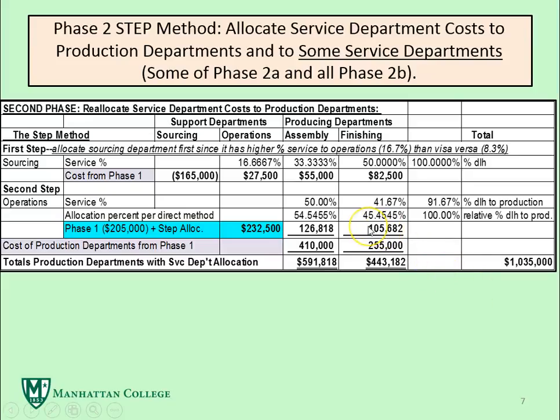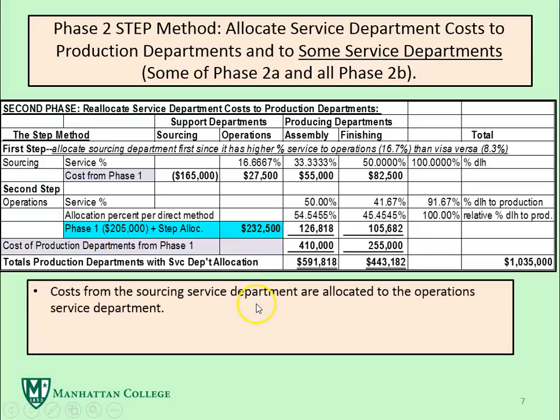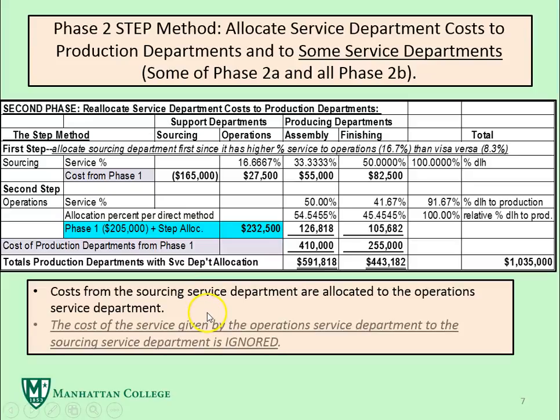So let's look at phase 1. Costs from the sourcing service department are allocated to the operations service department first because it is a bigger percentage. So if you remember, the sourcing department spends 20,000 hours or approximately 17% of its time supporting the operations department.